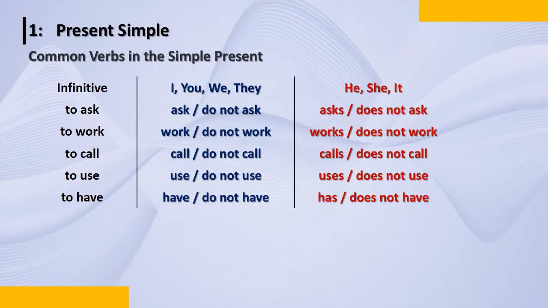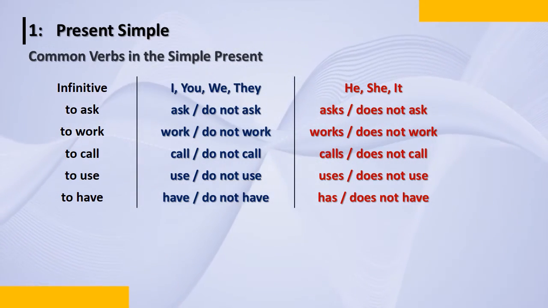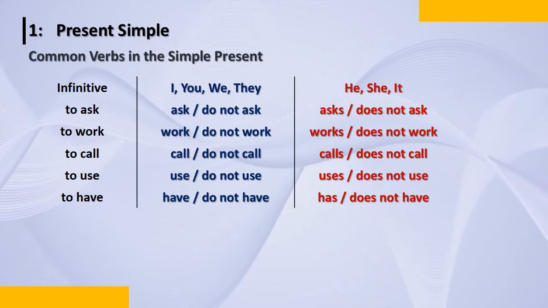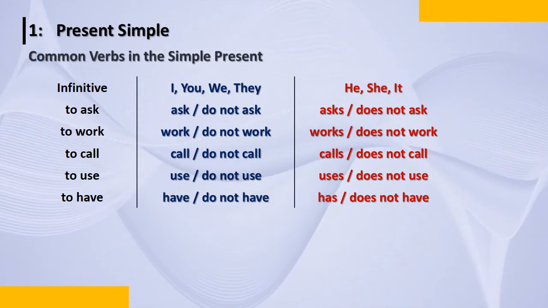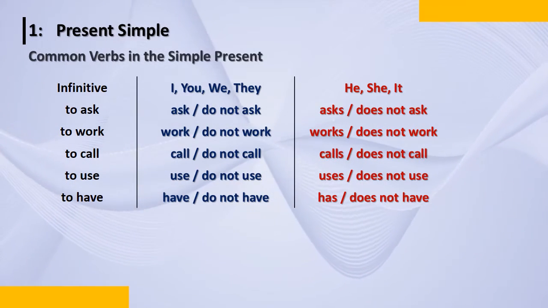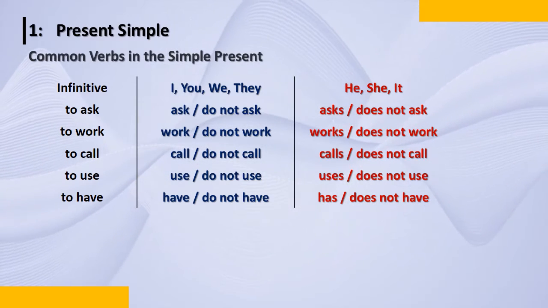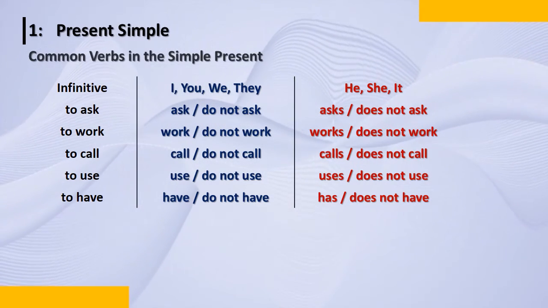To have. Have and has. When I'm talking about I or you, I use have. When I'm talking about he or she, it automatically becomes has. I have 100 rupees. Do you have 100 rupees? You have a pencil, right?